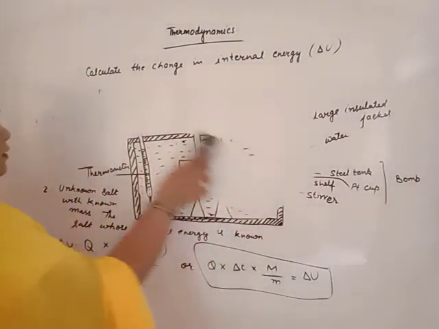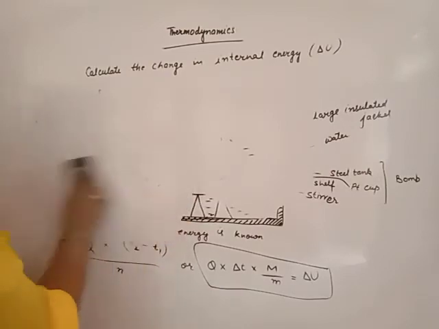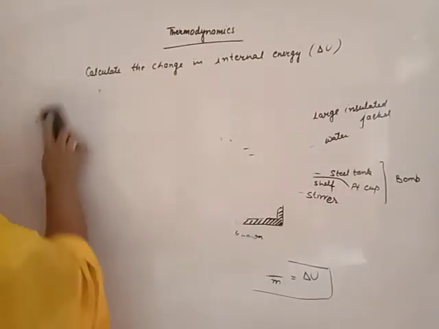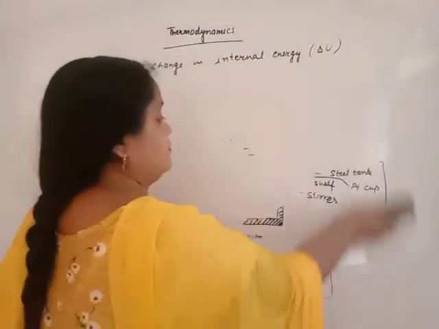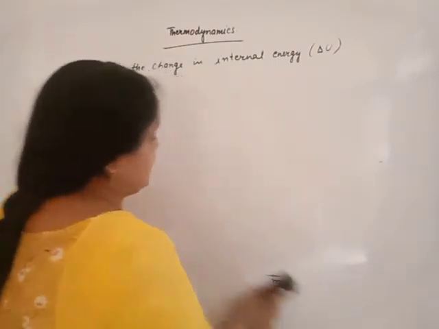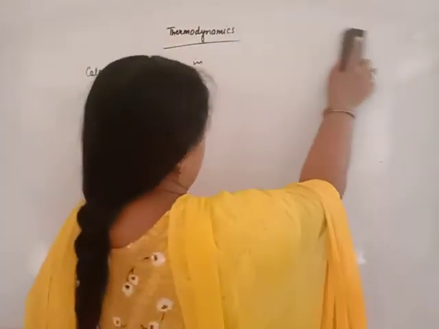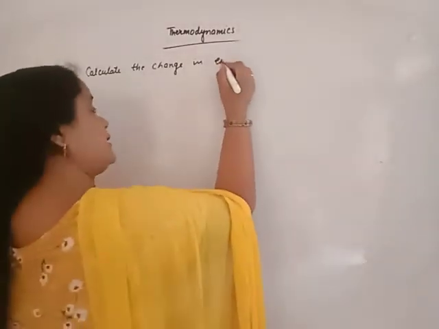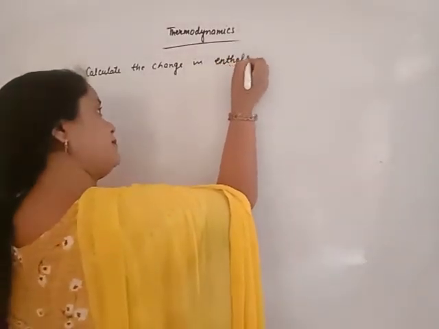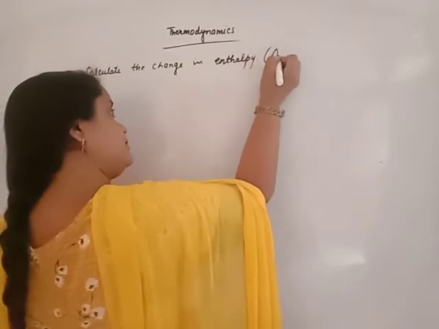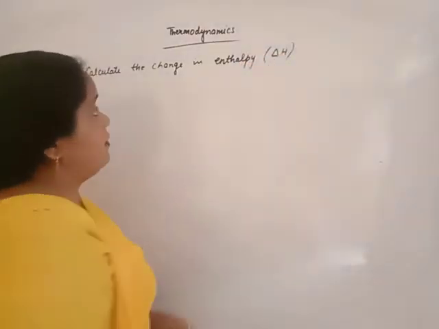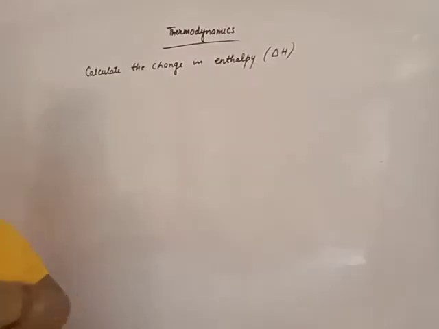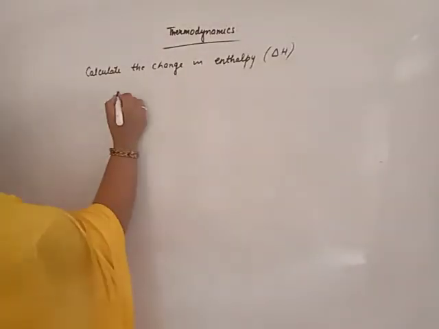Now we want to calculate the change in enthalpy. Change in enthalpy can be calculated by, beta, enthalpy or heat content, that is the same thing, delta H. It will be calculated by using coffee cup calorimeter.